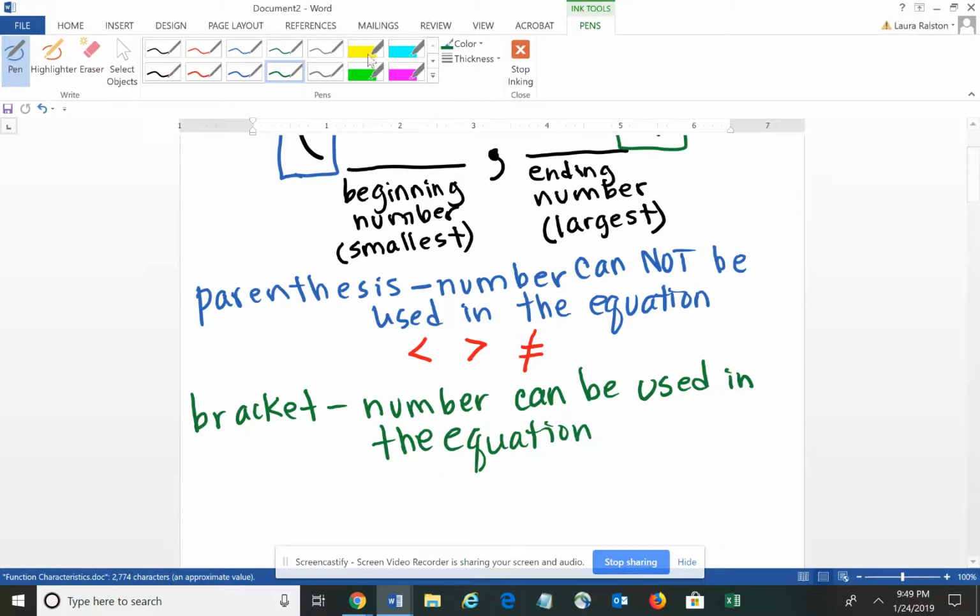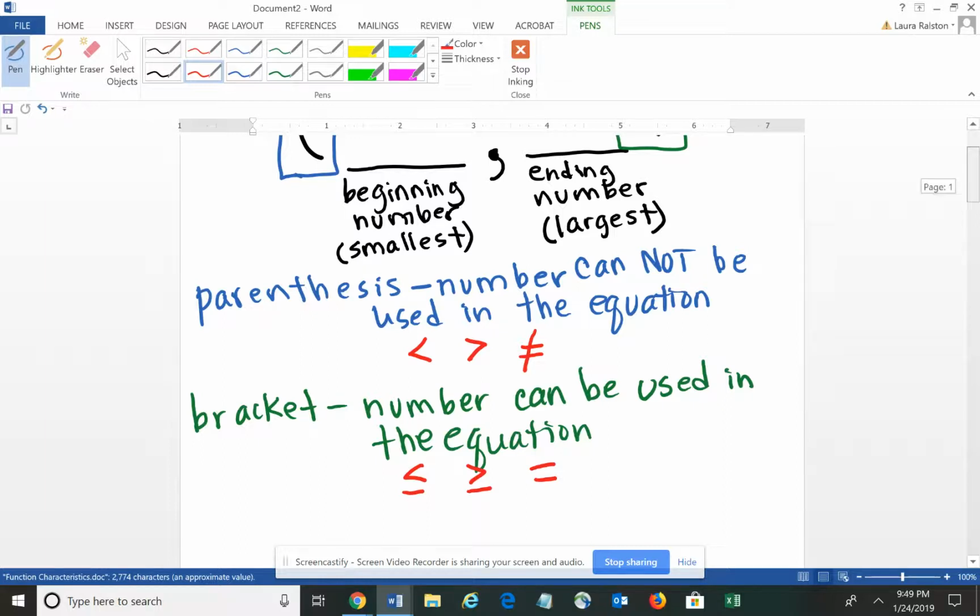And typically, when you think about what symbols would be in the problem, you would have either less than or equal to, greater than or equal to, or possibly just equal.